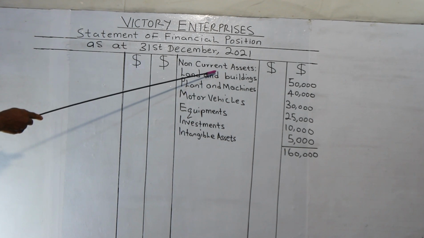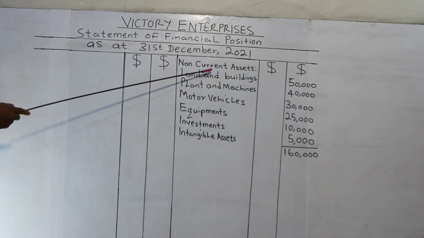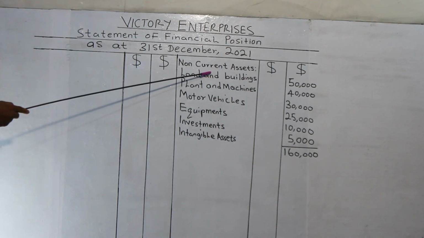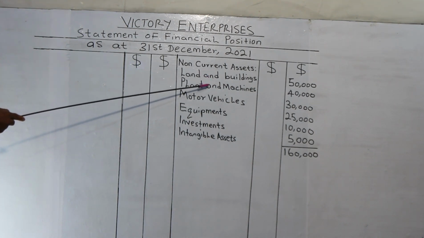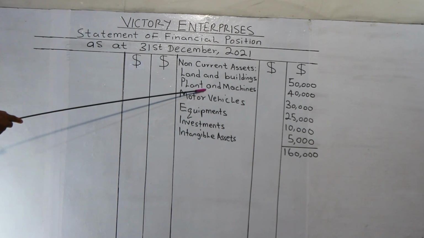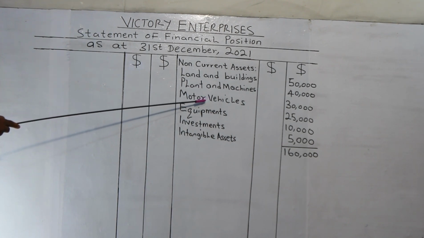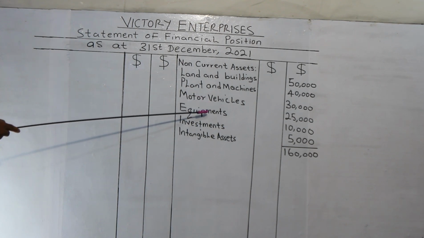The arrangement of these assets in an order of permanence is known as marshalling. You can see land and building is more permanent than plant and machineries. Plant and machineries, they are more permanent than motor vehicle, and motor vehicles are more permanent than what? Equipment.